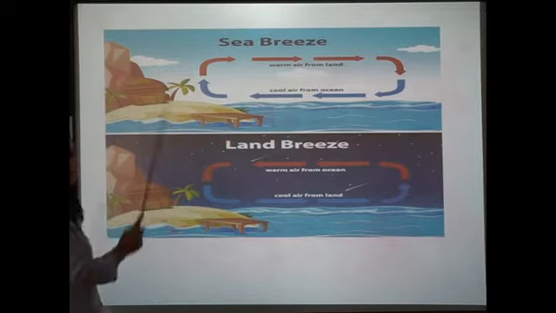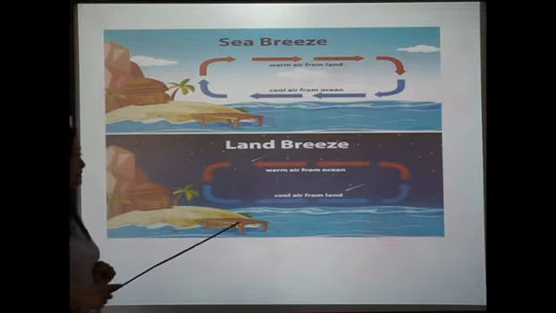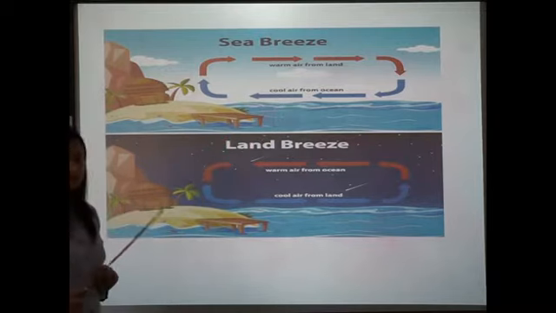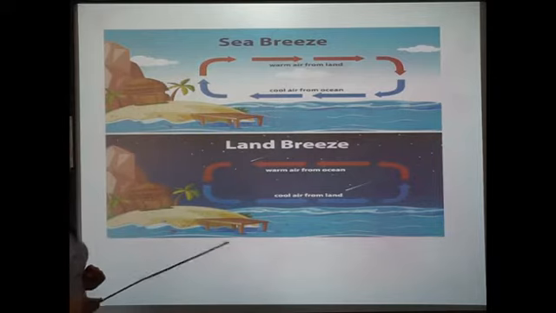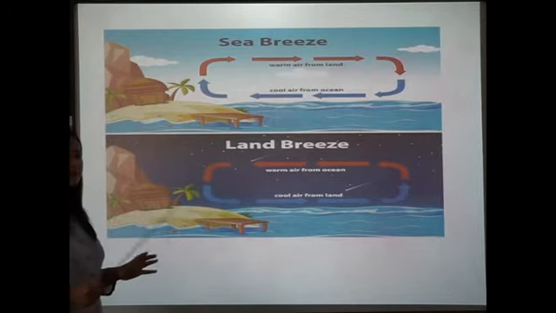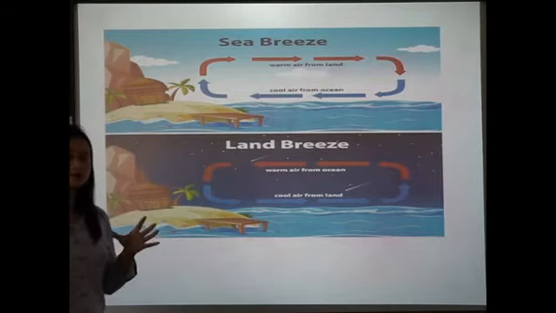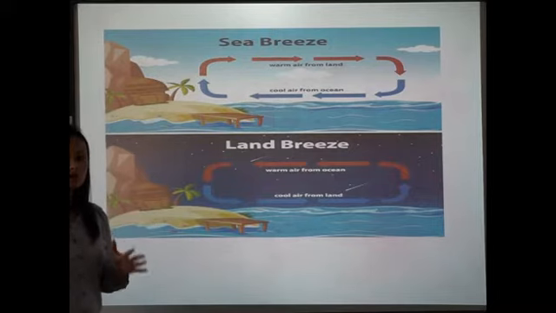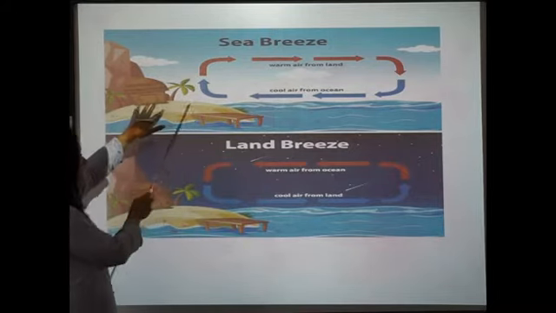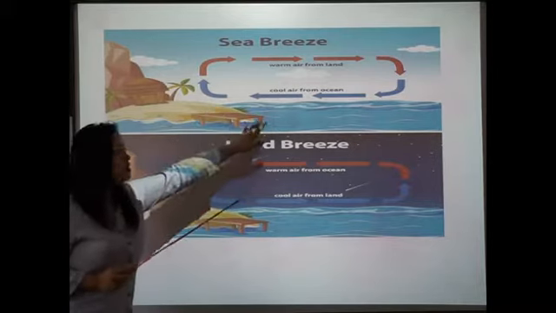Obviously the land. The land gets heated faster compared to the sea because water has very high specific heat. Water requires a lot of heat to warm up, and it also takes a lot of time to cool down. So land gets heated faster than water.